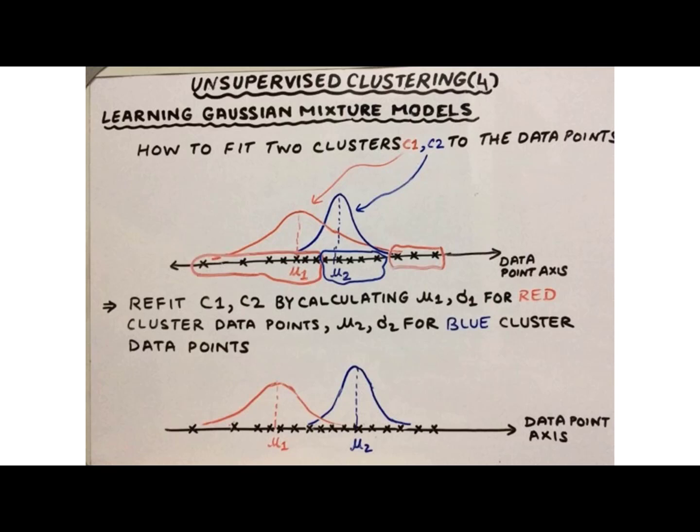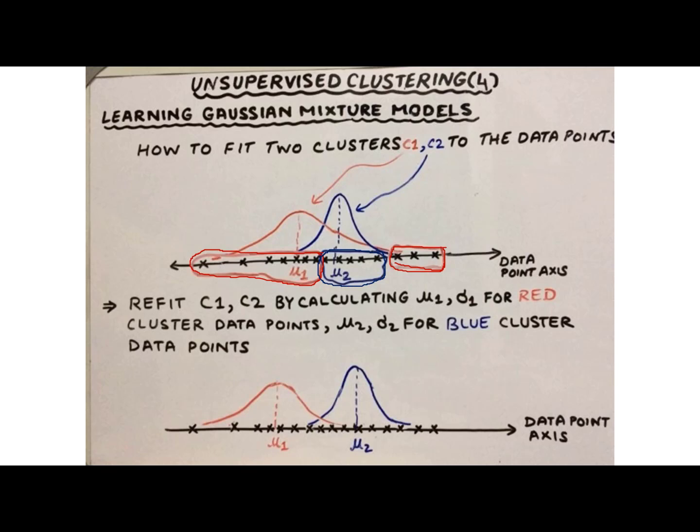We can make a red cluster shown here. The red cluster has two parts, encapsulating some points on the extreme right and the remaining on the left hand side. The blue cluster on the other hand is a bit smaller compared to the red cluster. It has few data points.